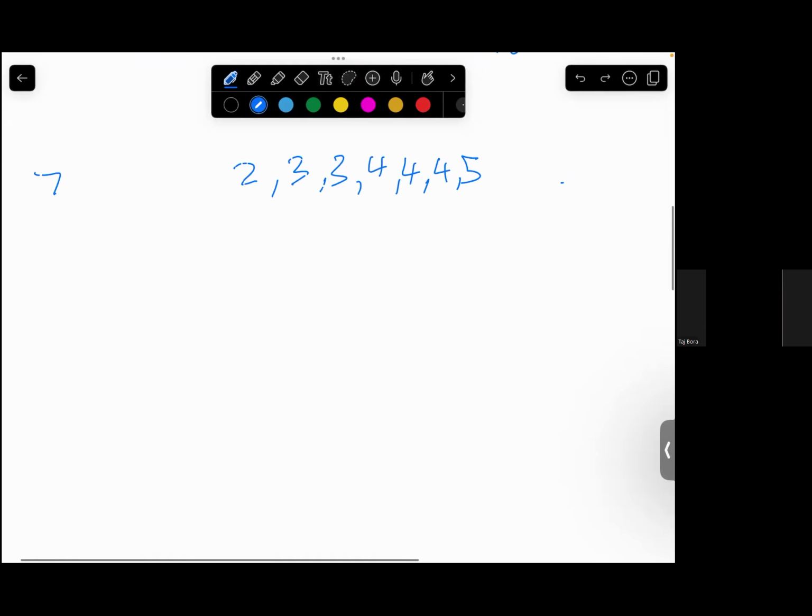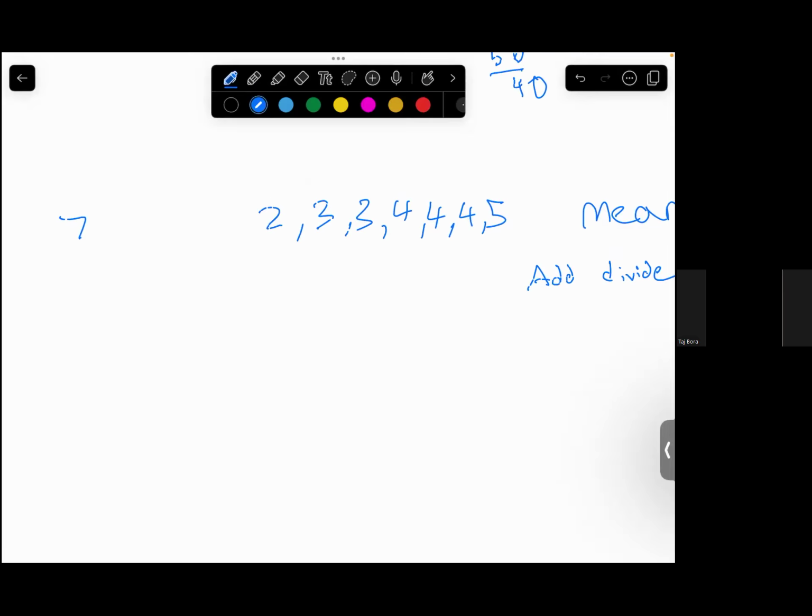Now, the average is just the mean. So, to find the mean, we add all of these numbers and then divide. So, if we add up all of these numbers, let's do that right now.